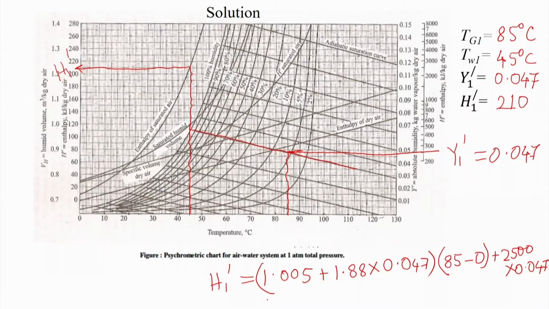That also comes as 210 kilojoule per kg dry air.